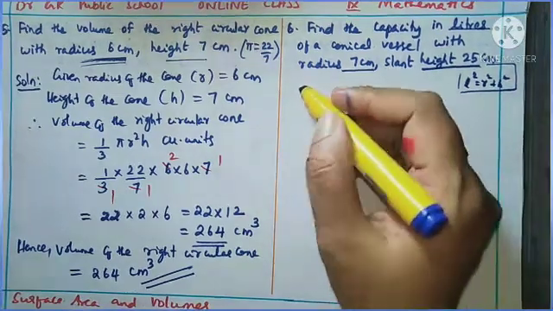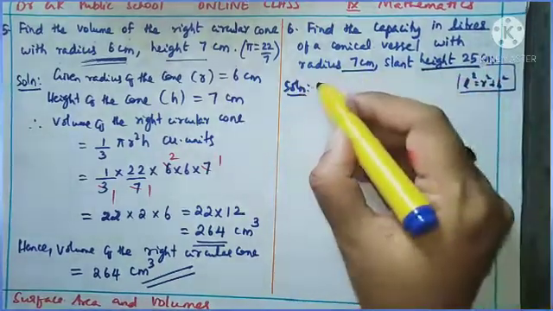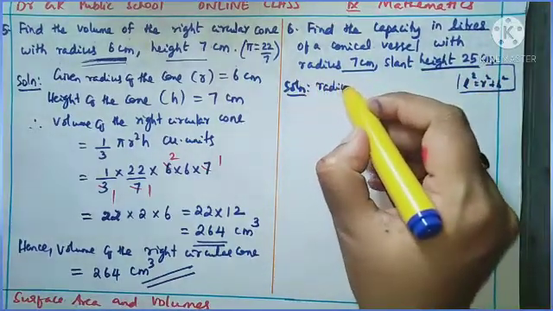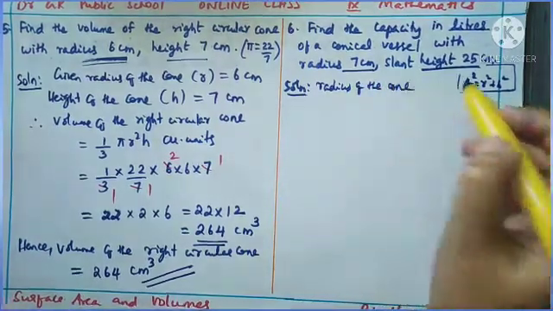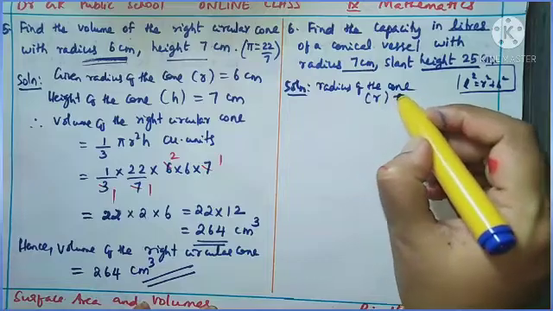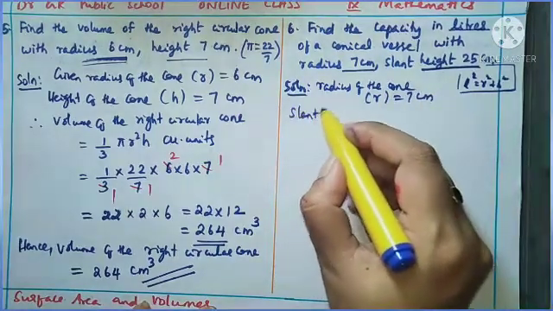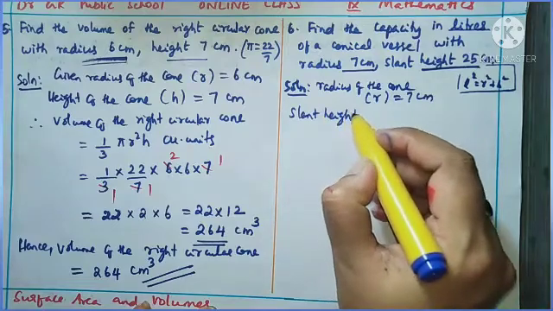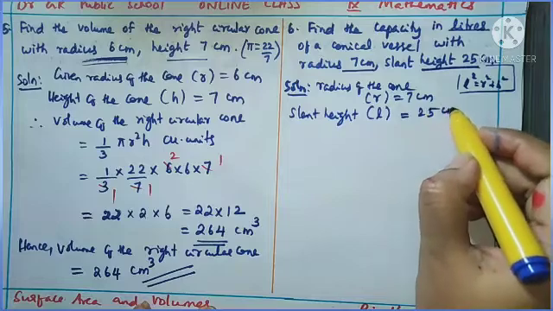Yes. So first, what is given? Solution. Radius of the cone, that is r equal to 7 centimeter given. Slant height, that is l, 25 centimeter given.